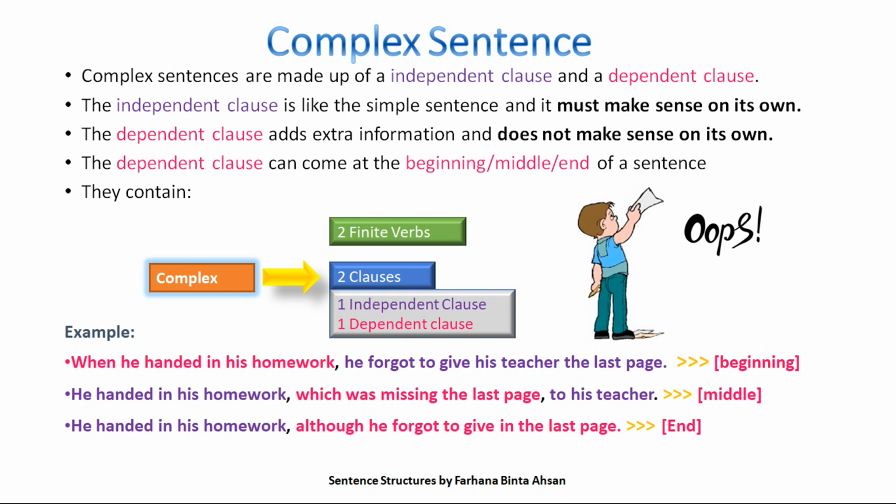This is the middle example of the dependent clause. Now the next example. He handed in his homework although he forgot to give in the last page. This is the example of the dependent clause at the end. Now we see the 3 examples of the dependent clause used in the beginning, middle and end of a sentence. Now let's go to compound sentence.